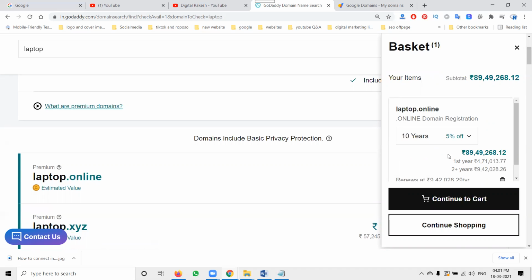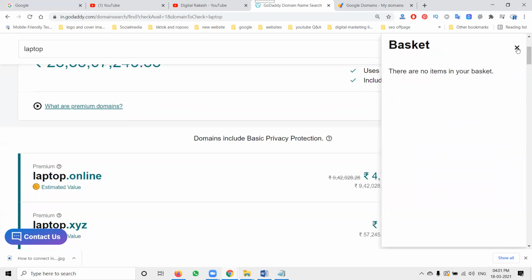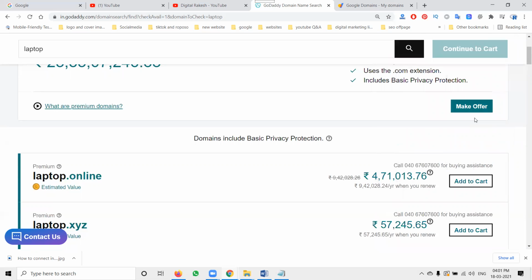So that is the condition given in the particular option. So the domain can be purchased for 1, 2, 3, 5, 10 years. Whether it is a premium domain or a simple domain, it is the same. Some premium domains can be purchased only on a yearly basis.